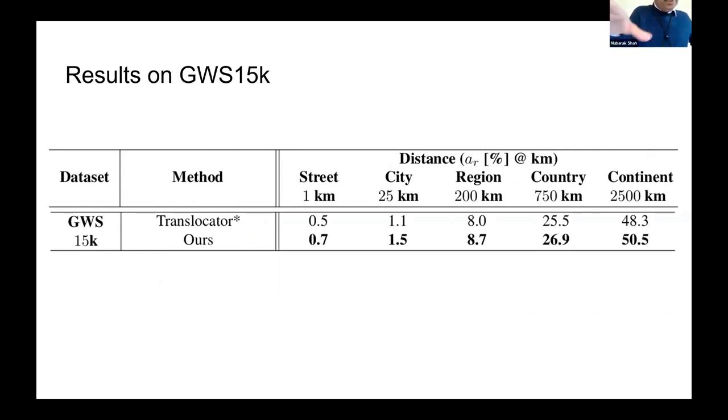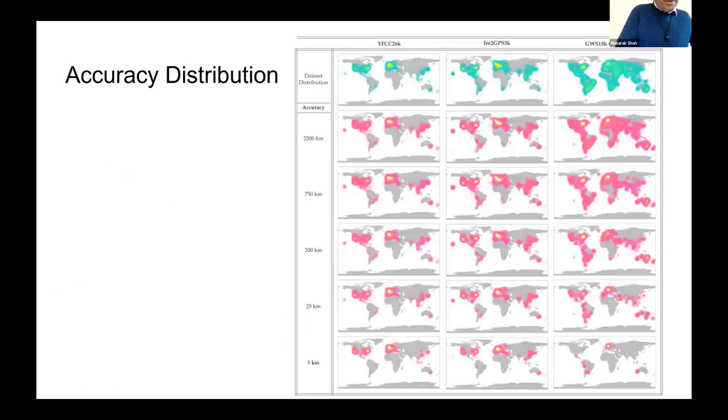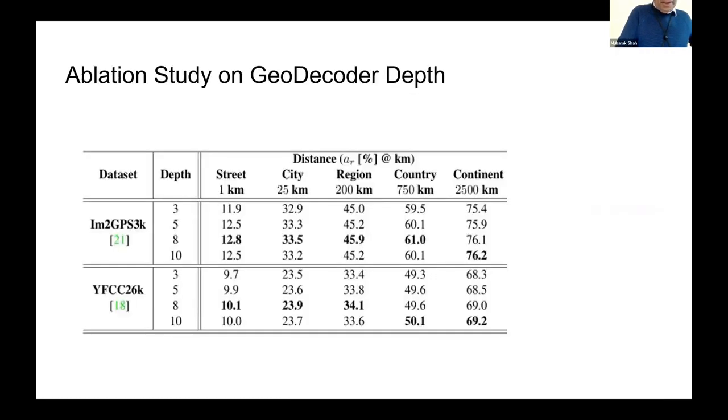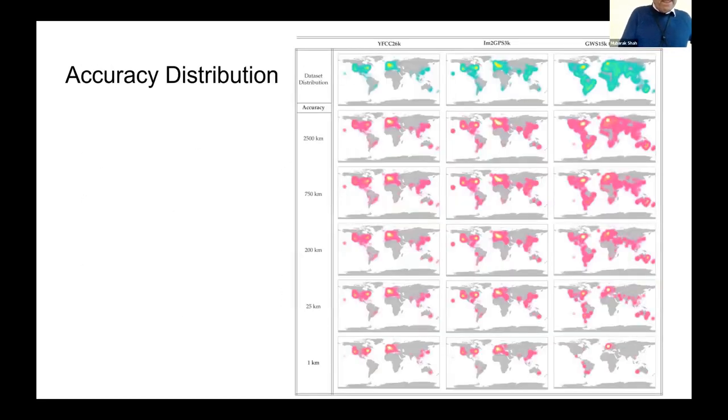We'll provide the URLs of these images, and people can take those images and use them. This is a distribution of these. This is the original data set, and within 250 kilometers we can localize these areas. As you see, at different levels, we can show how well we can do.